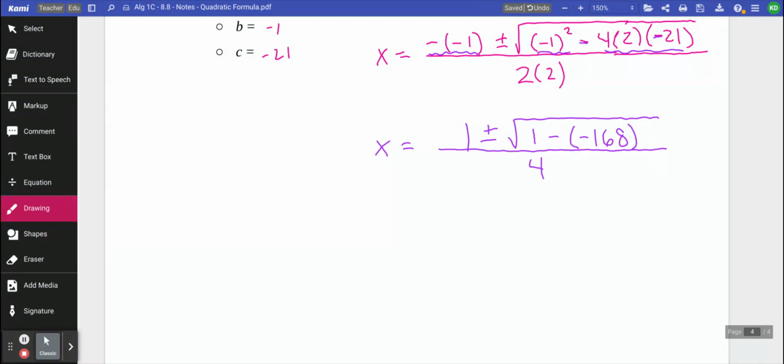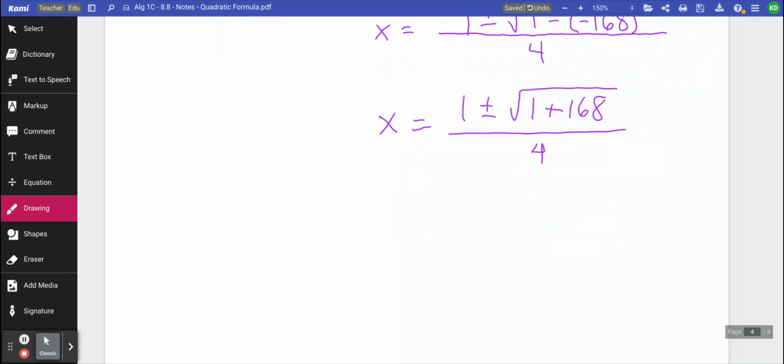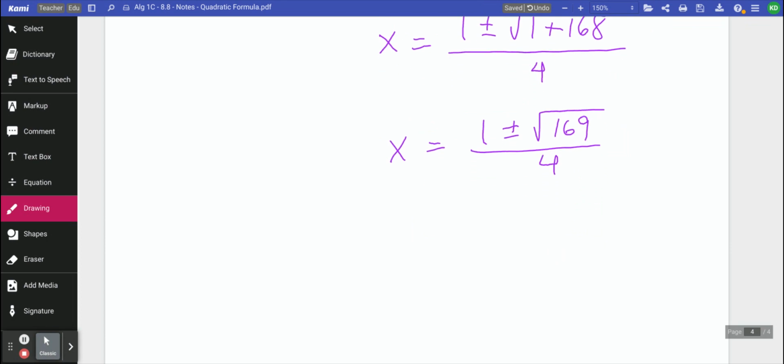All right, so this becomes 1 plus 168 inside the radical, which is going to become 169 inside the radical. Now, if I check my list of perfect squares, you might find that that is actually on that list, okay?